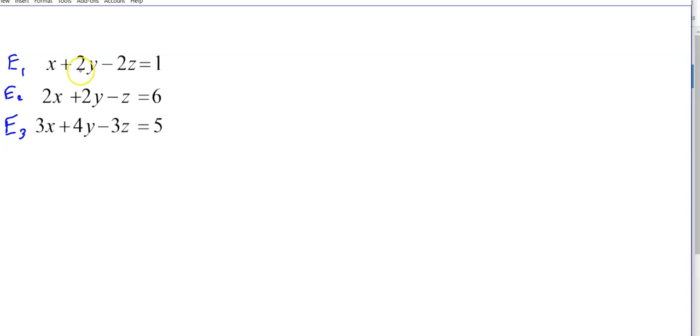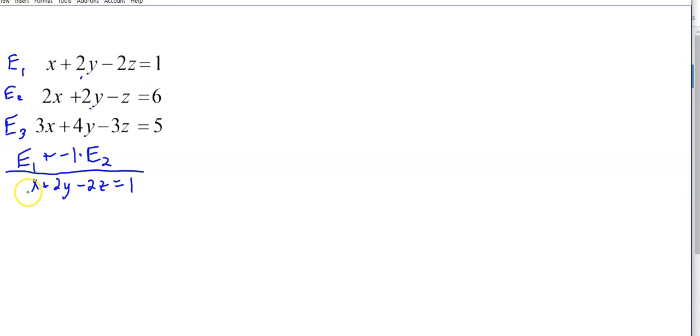So I see that in the first two equations, I'm going to do E1 plus, I'm going to multiply the second equation by negative 1. And that should get rid of the y variable there. So let's try that. So this will be x plus 2y minus 2z equals 1.